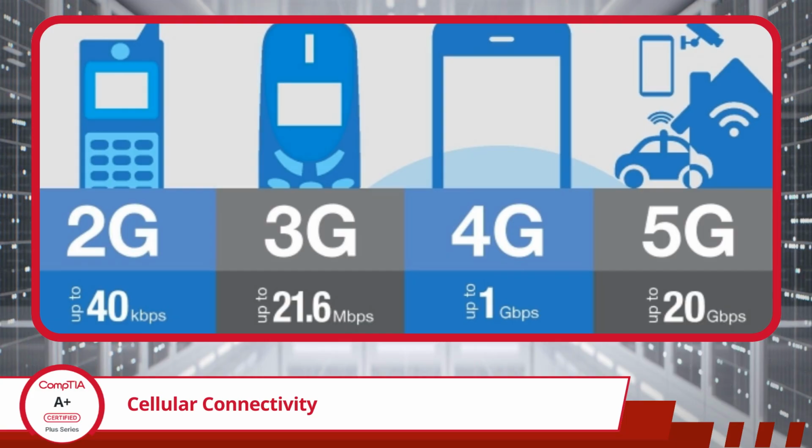These improvements not only enhance everyday mobile use, but also support emerging technologies such as augmented reality and advanced connected systems. As cellular standards have progressed from 2G through 5G, each version has delivered a better user experience by supporting more devices, faster data rates, and more reliable connections.